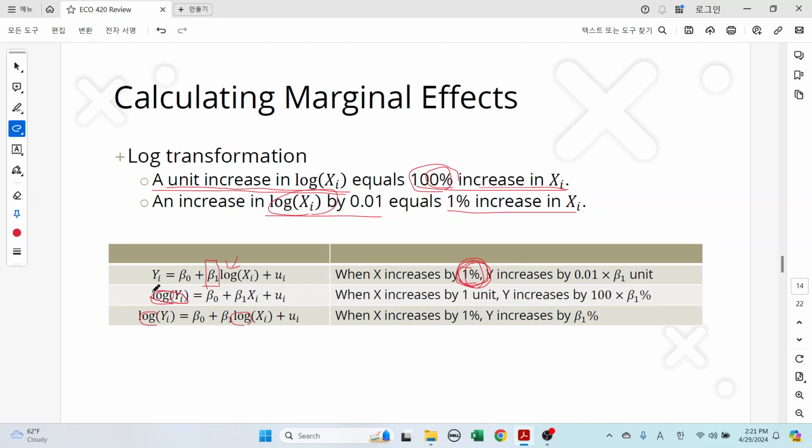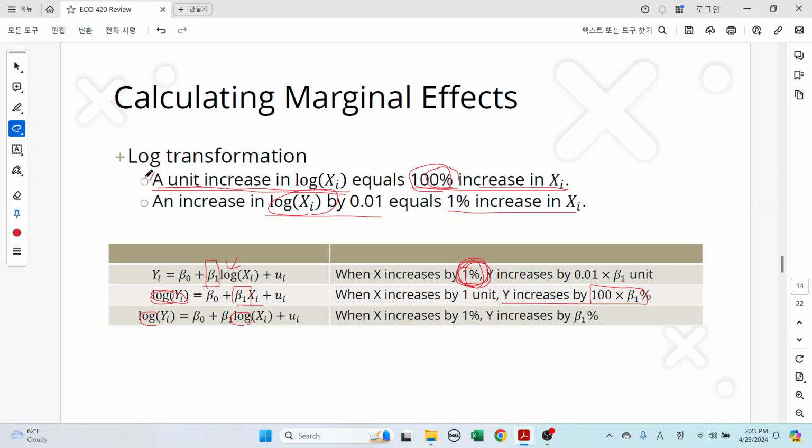When log is taken on y, but x is just usual, then beta 1 captures the effect of x1 on log of y. So when x1 increases by 1, log of y will increase by beta 1. When log of y increases by beta 1, that means y itself increases by beta 1 times 100%, because a unit increase is equivalent to 100%.